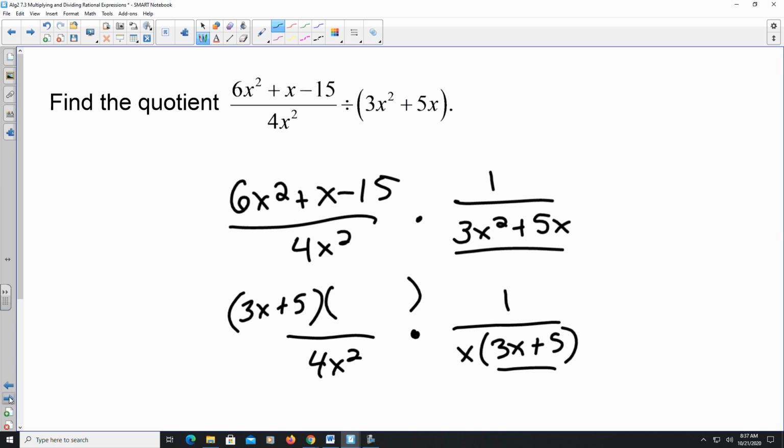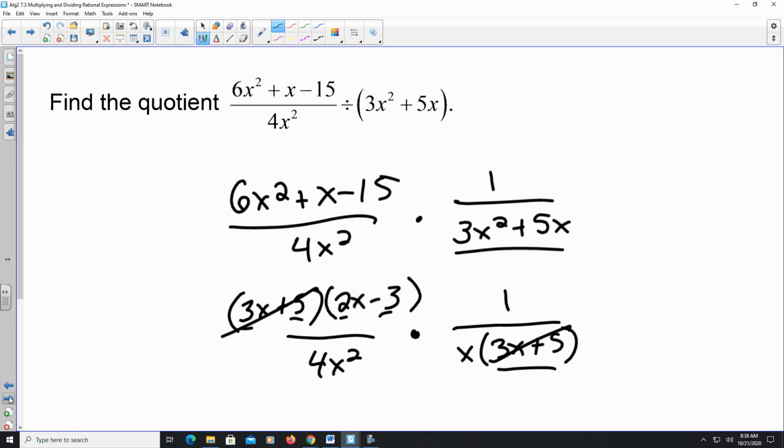Which means the other set is going to be 2x minus 3, because 5 times 3 is 15 and 3 times 2 is 6. Let's see if it comes out to be positive x. So this is negative 9, and that's positive 10. Because 3 and 3 give me negative 9, 5 and 2 give me positive 10, minus 9 is 1. So it makes sense. I was correct in my assumption.